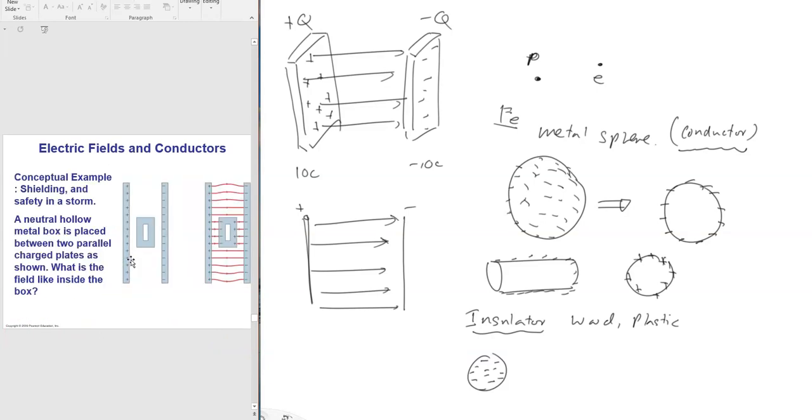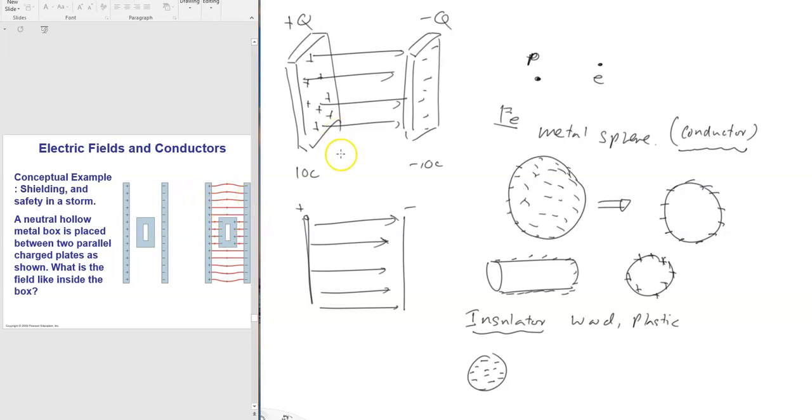Alright, here's another example of what we just discussed. Here we have two metal plates. You see that they are positively and negatively charged, and you place a hollow metal box, a metal box, but inside there's empty space, in the middle. Now in the second diagram you see there's an electric field between the positive and negative.